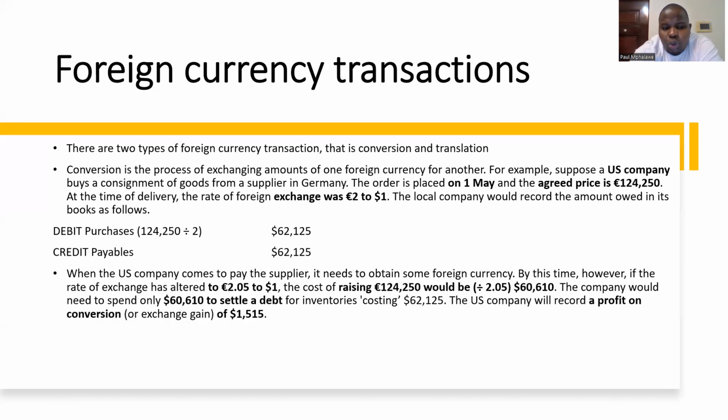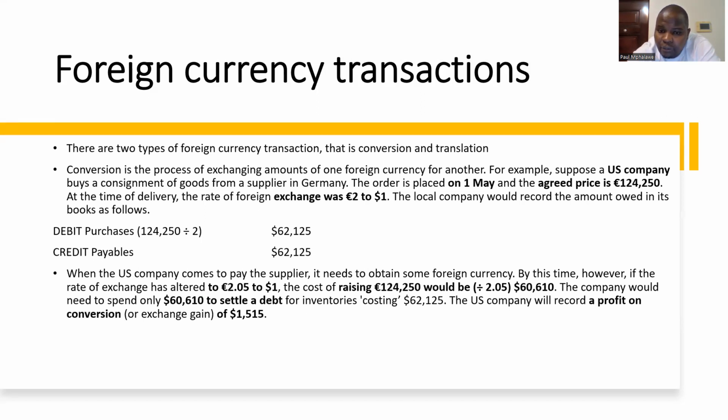Okay. So when the US company comes to pay the supplier, it needs to obtain some foreign currency. By this time, however, if the rate of exchange has altered to 2.05 euro to $1, the cost of raising 124,250 would be $60,610.